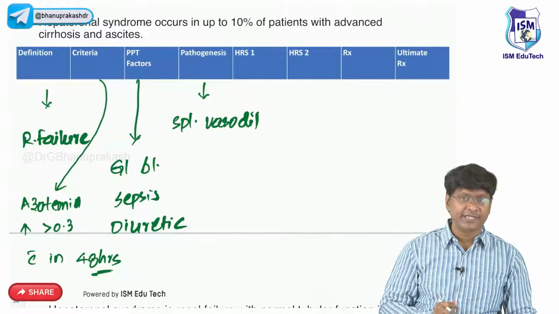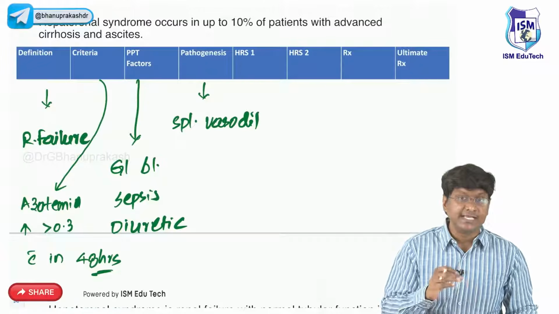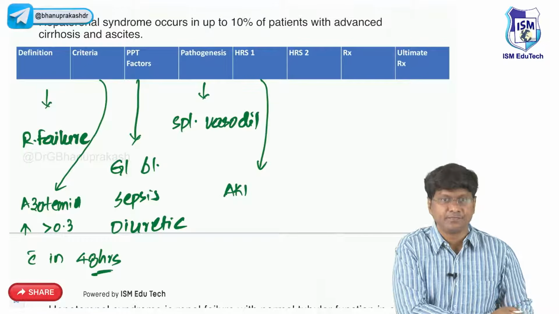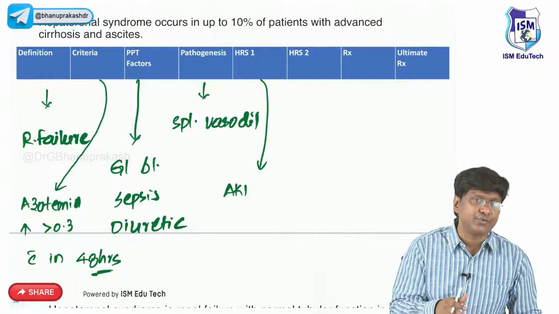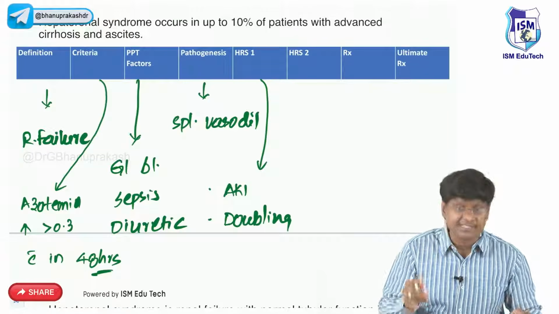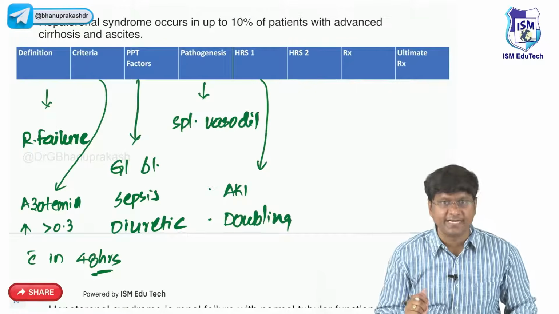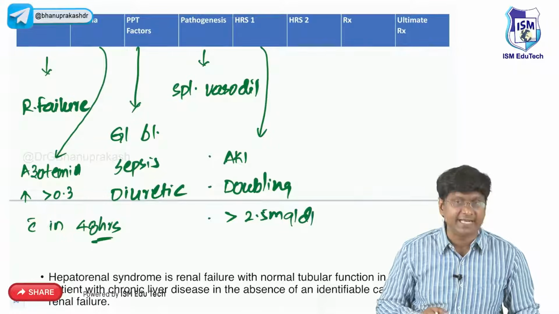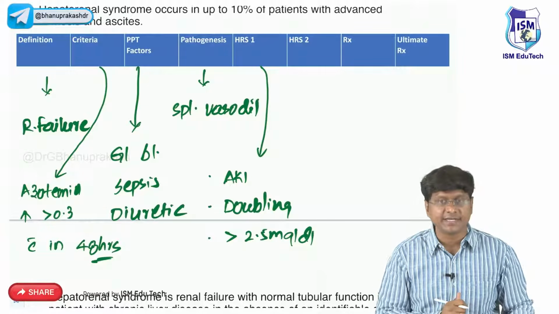Next, the other point is the types. We have two types of hepatorenal syndrome, type 1 and type 2. Type 1 hepatorenal syndrome is where there is acute kidney injury, with doubling of serum creatinine to a level greater than 2.5 milligrams per deciliter, or there is decrease in the creatinine clearance.